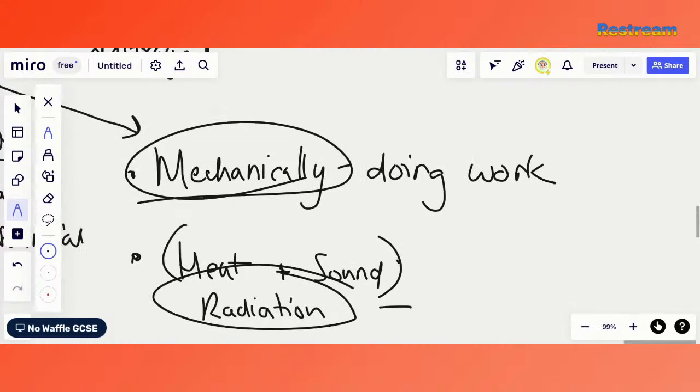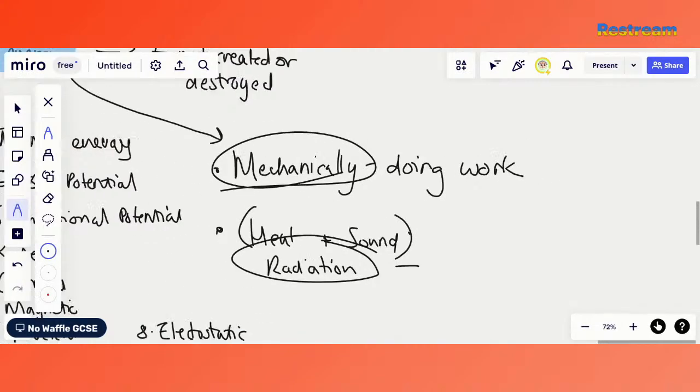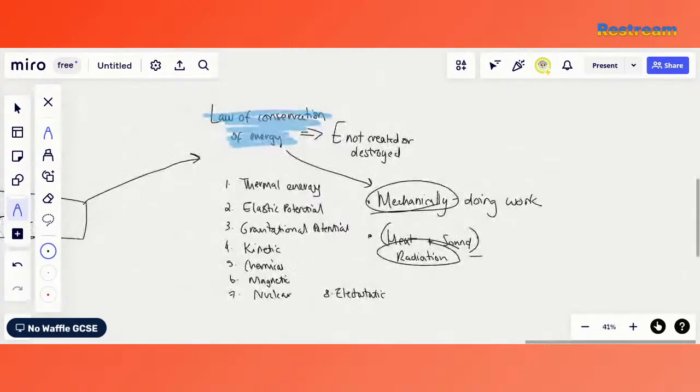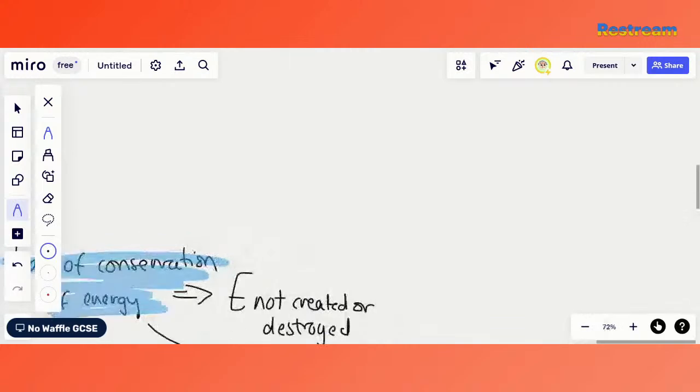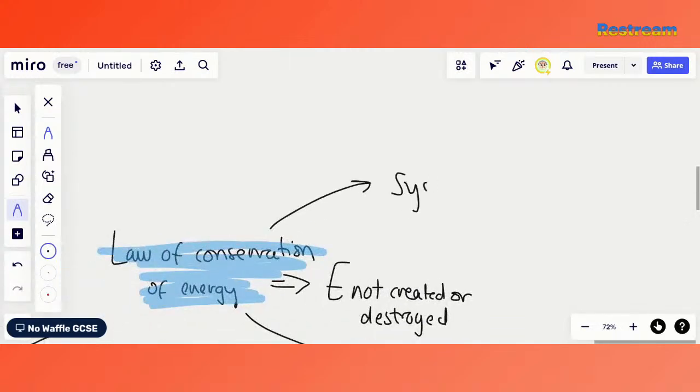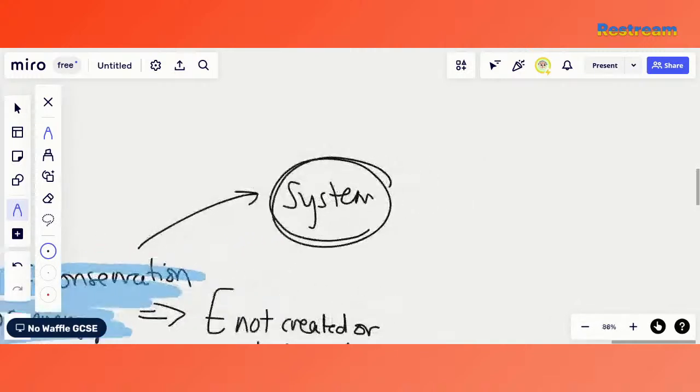So, in physics, I know what would often confuse a lot of people is the idea of a system. So, what is a system? A system is the objects that you're interested in, whatever objects you're interested in.